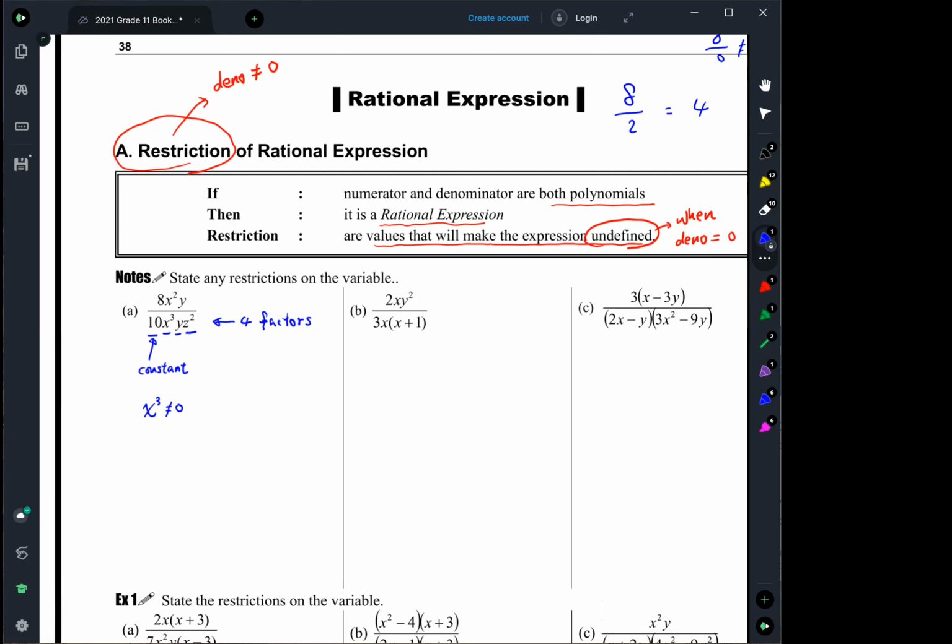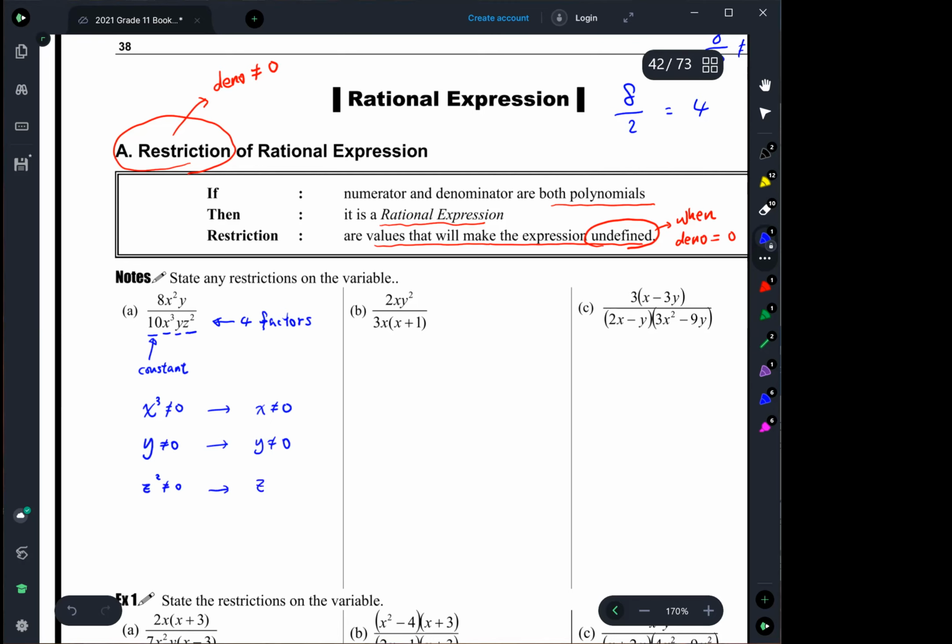So if x cubed cannot be 0, x cannot equal 0, because if I put 0 into x, 0 times itself 3 times will be 0. The second part, y, cannot be 0. This one is already isolated, no square, so y cannot be 0. The third part is z squared, which cannot be 0, which means z cannot be 0.